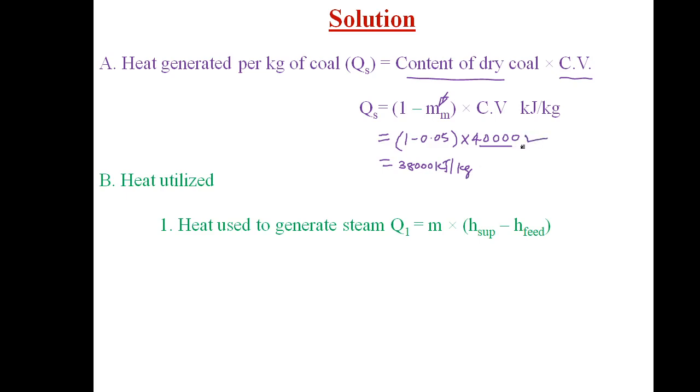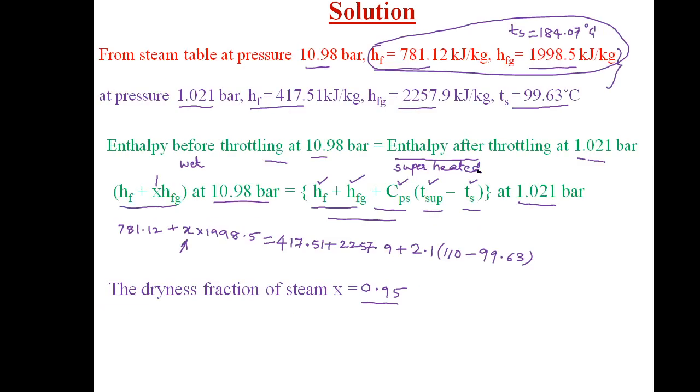So the question here is that the fuel burned is not dry fuel. Calorific value is given for dry fuel, whereas the fuel burned is wet fuel. So here it is specified in the problem itself.